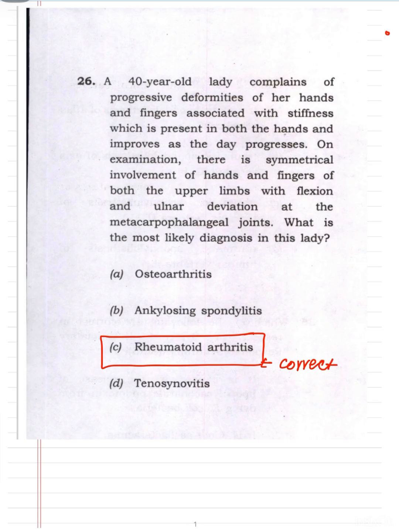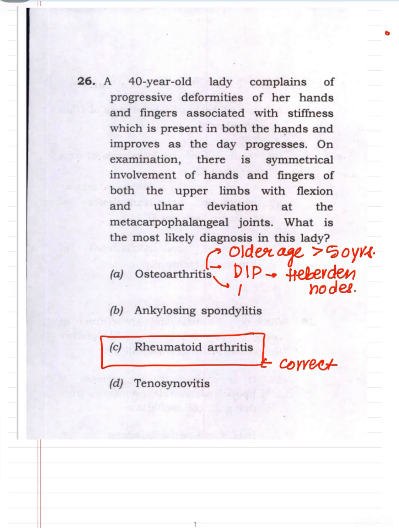Going for other options, osteoarthritis is typically for the older age, around 50 years. There is involvement of distal interphalangeal joint, in which there are Heberden nodes. Involvement is generally asymmetrical, not symmetrical.